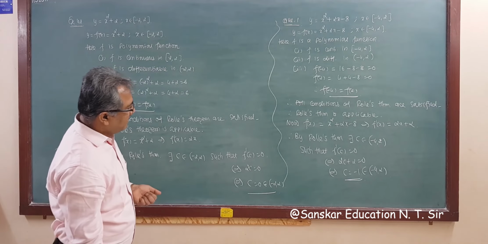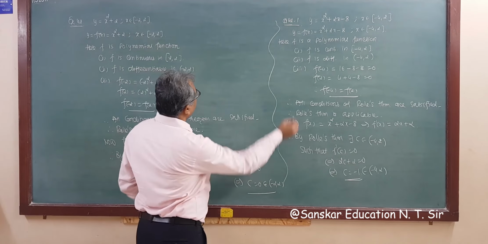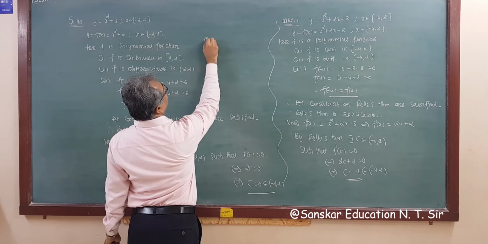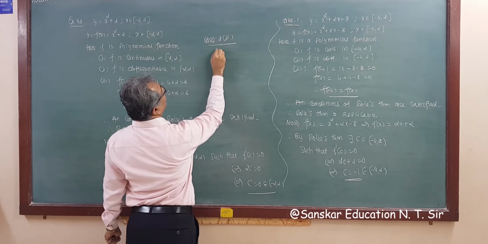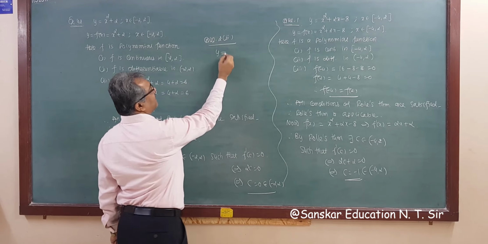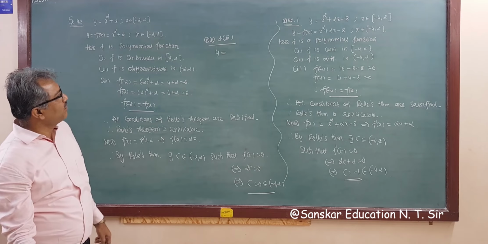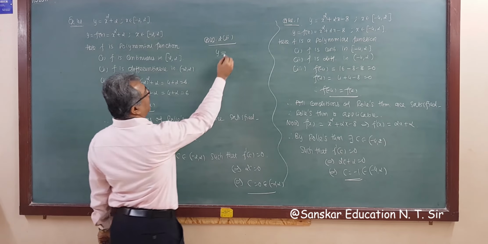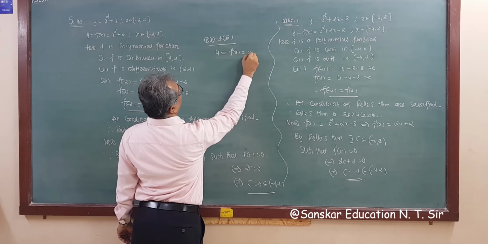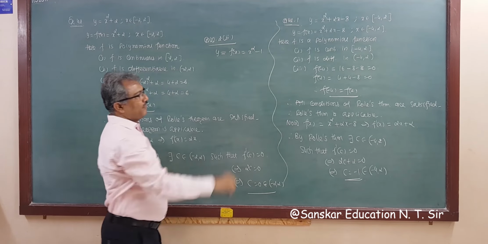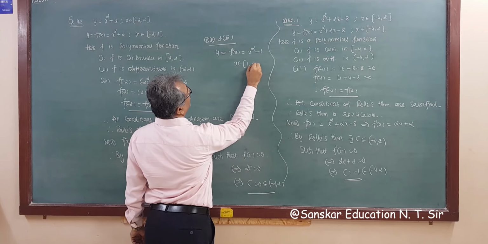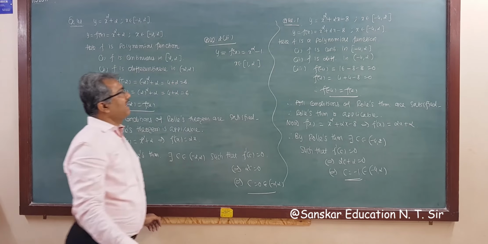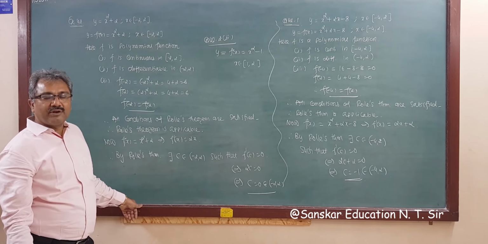Then I'm giving one question. In the exercise, question number 2, third: y is equal to f(x) is equal to x square minus 1, where x belongs to the closed interval 1 comma 2.